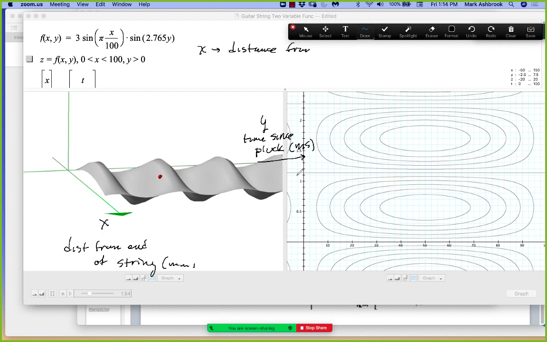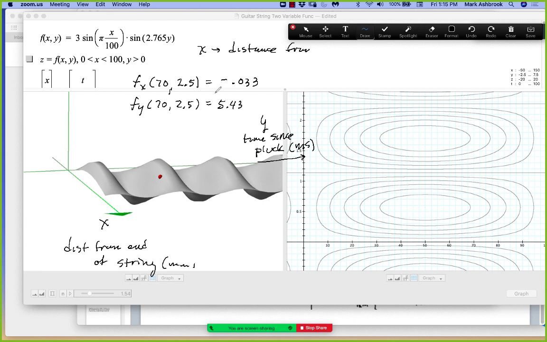Okay, and we looked at 70 millimeters down the string, 2.5 milliseconds, and I think we got the partial with respect to x was negative 0.33, and the partial with respect to y we got was 5 point something, I think it was 5.43.